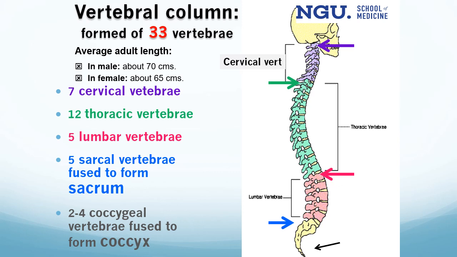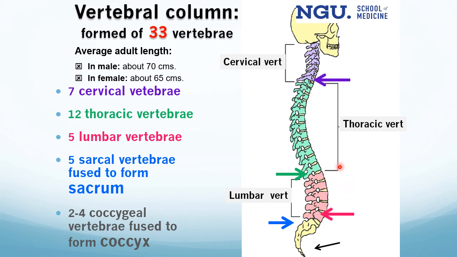This is the cervical part, then the thoracic part. In an adult, the cervical part is convex anterior, while the thoracic vertebrae are concave anterior. This is a change between the lumbar and sacral vertebrae.